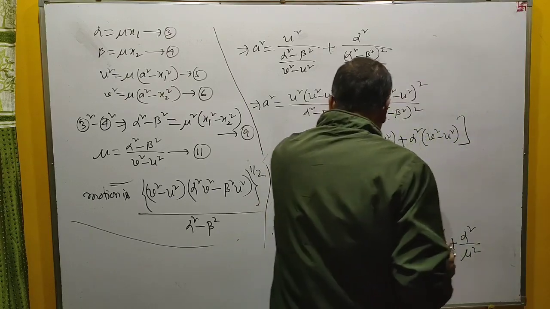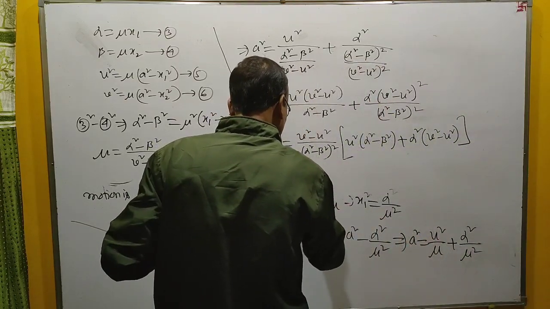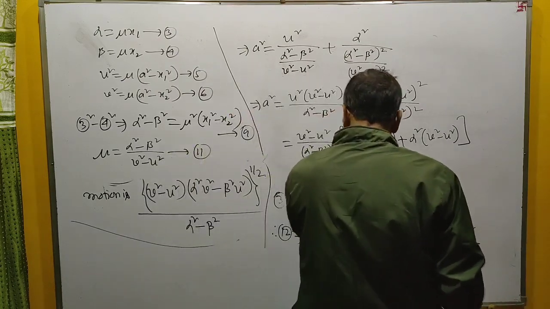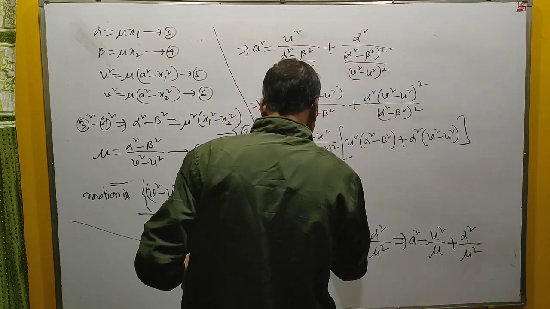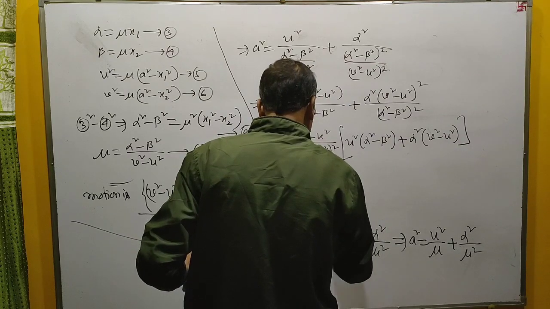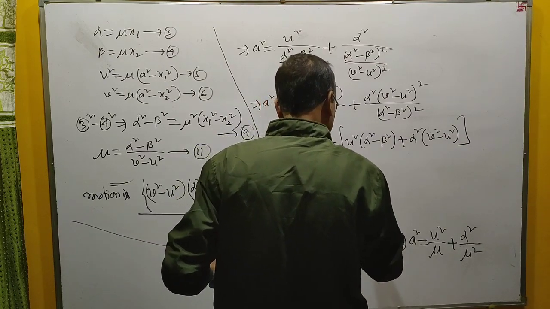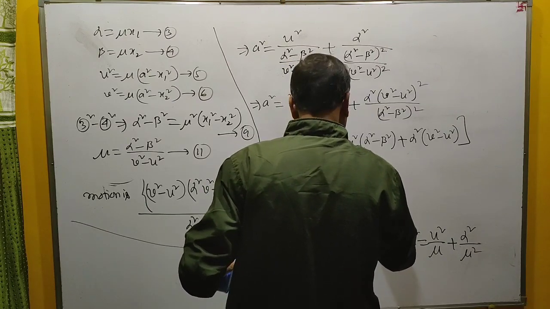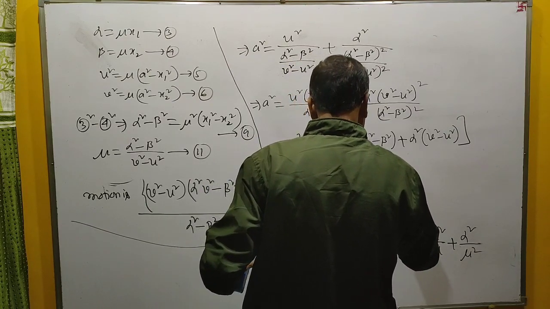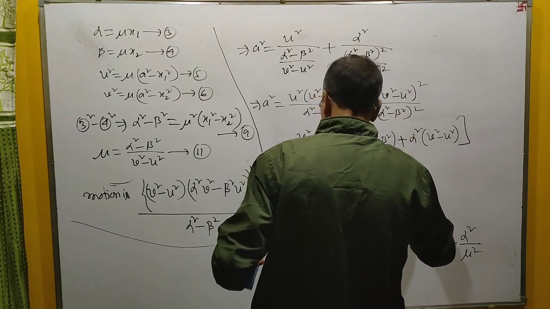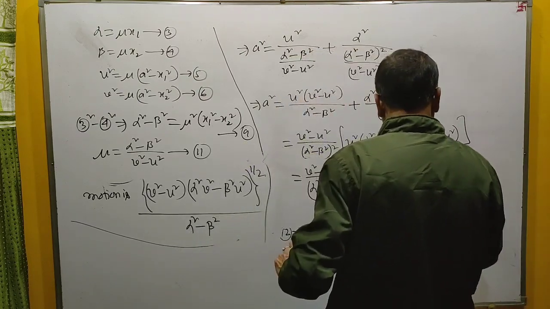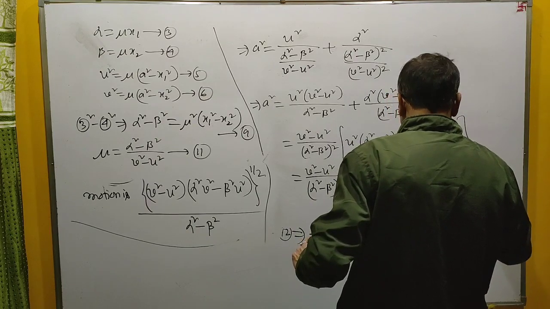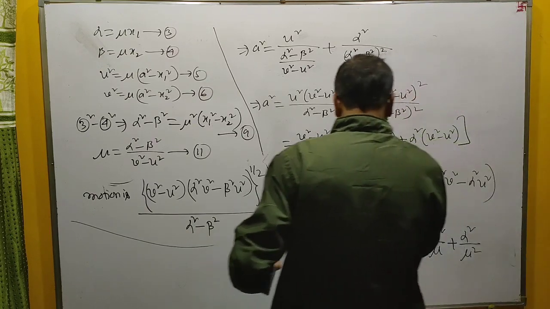Now this is equal to v square minus u square divided by alpha square minus beta square whole square, into alpha square u square minus beta square u square plus alpha square v square minus alpha square u square.